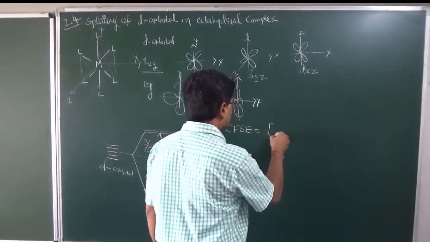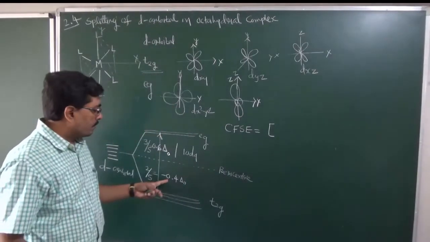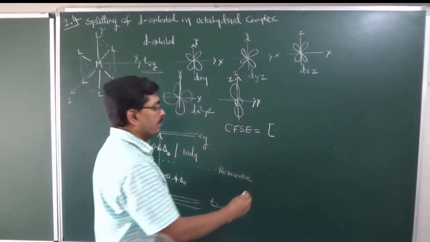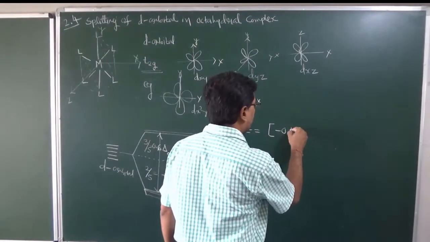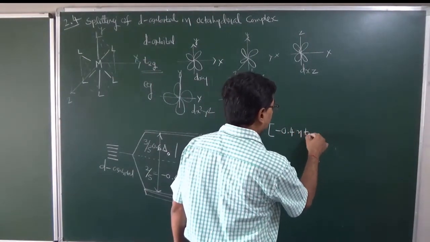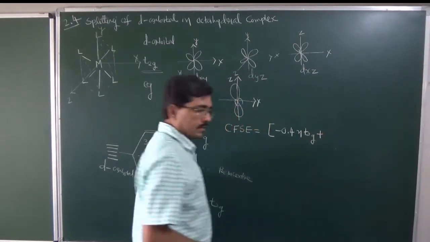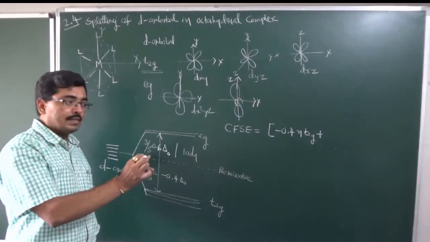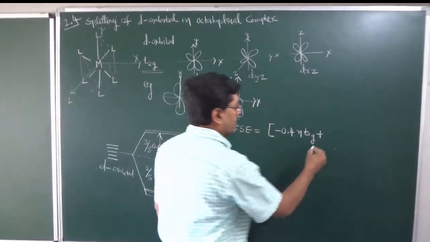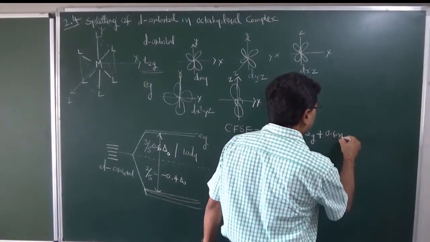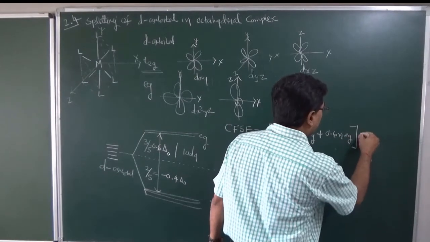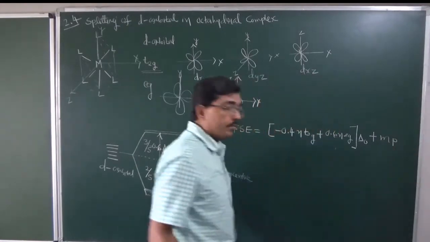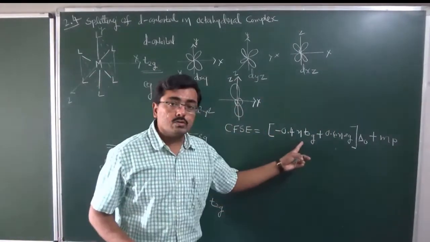Since the energy of T2g decreased by 0.4, we write minus 0.4 n T2g, plus since the energy of Eg increased, plus 0.6 n Eg, and outside the bracket delta O plus mP.